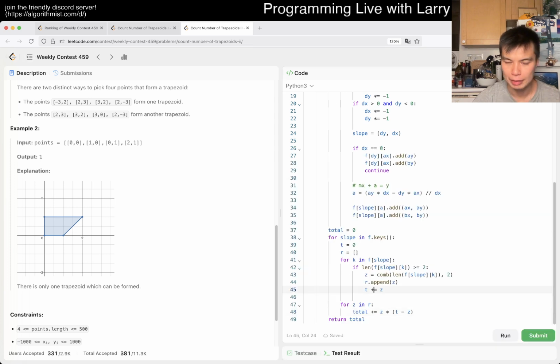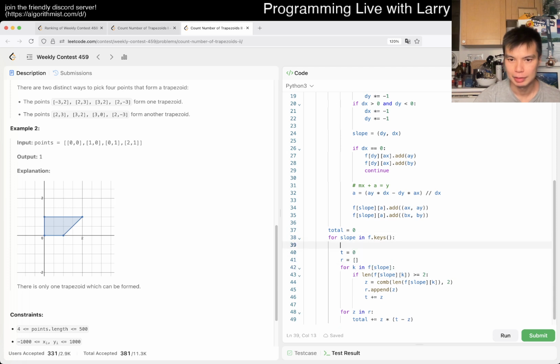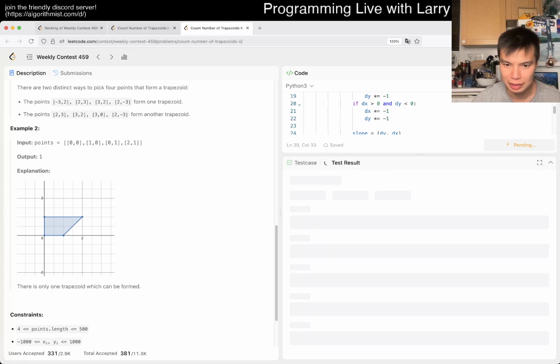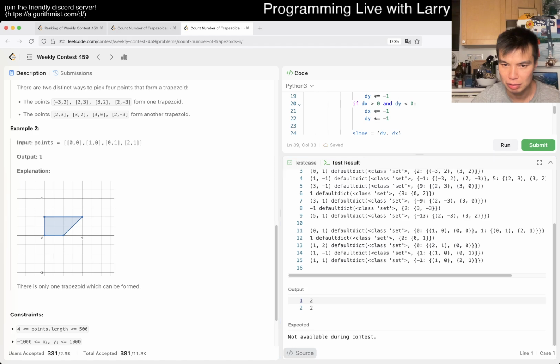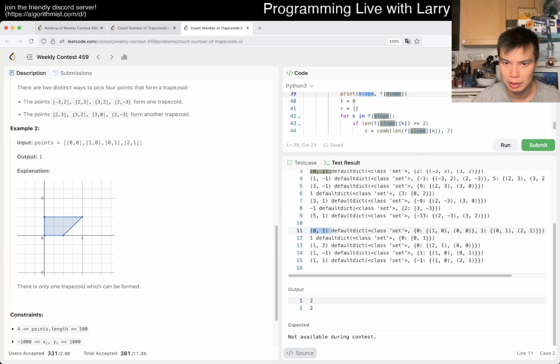Alright, let's see. Print slope, f of slope. Is that my weird case? No, slope is fine. Slope, f of slope. Oh no, there is a vertical line one. Did I mess this up though?